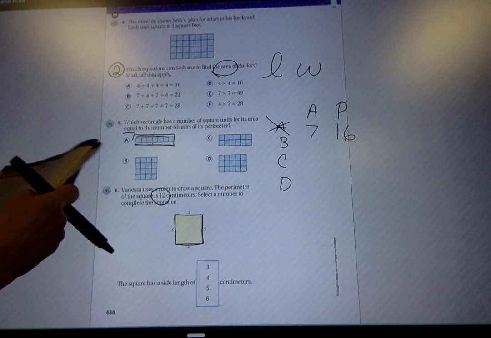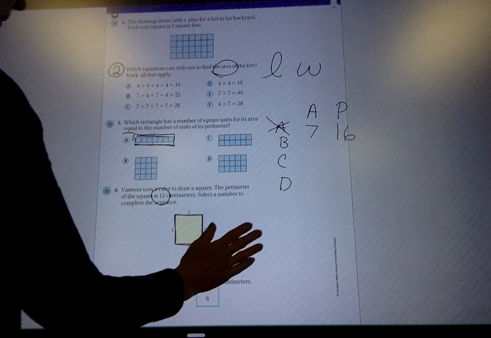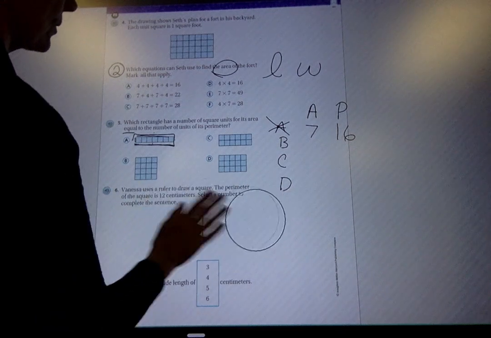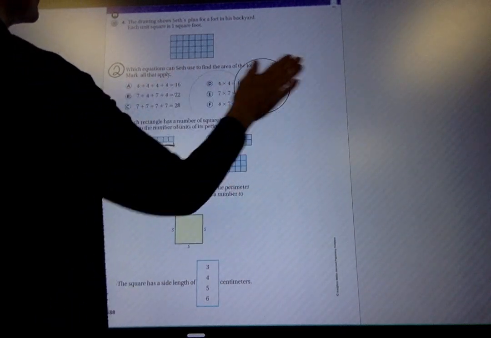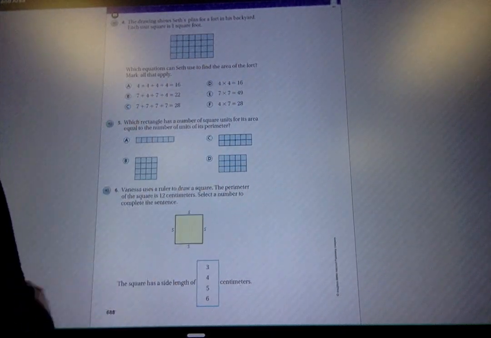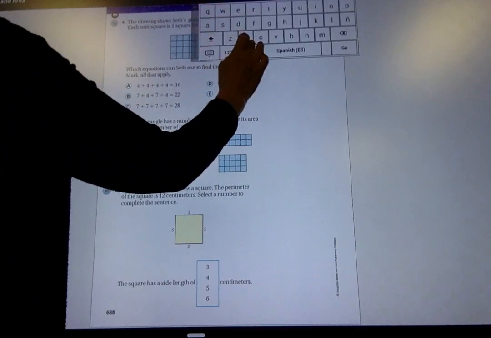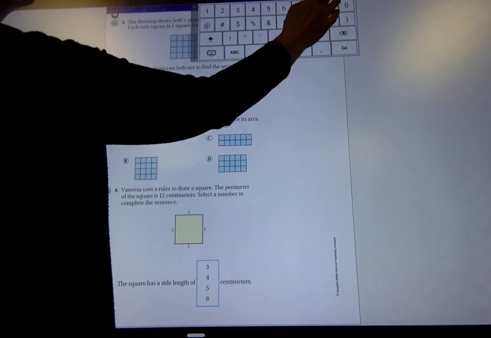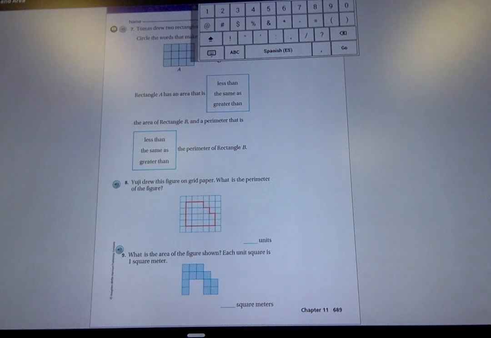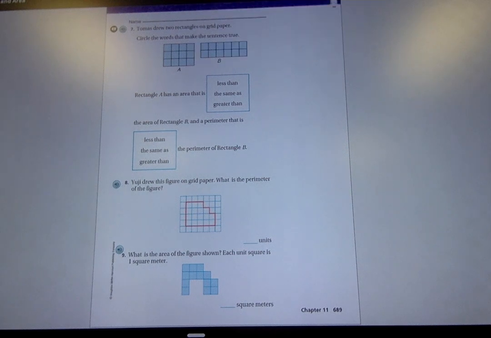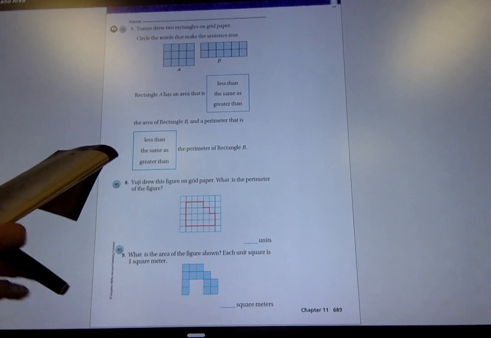Go ahead and turn to page 688, or 689, excuse me. On page 689, it says, Thomas drew 2 rectangles on grid paper. Circle the words that make the sentence true.